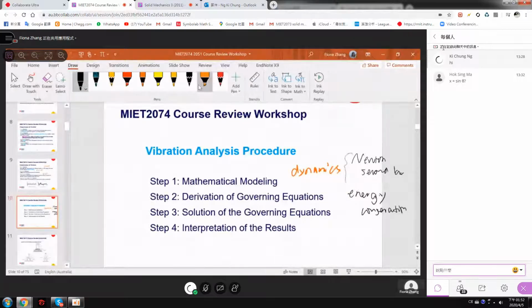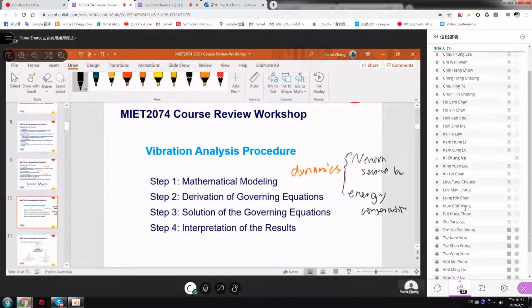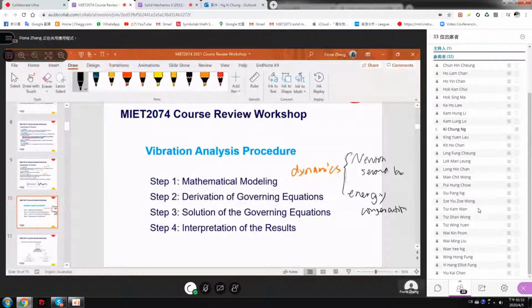I am not very good at writing on the screen, but it's fine. One is to analyze the force, and the other is to analyze the energy. From here we can get the equation of motion.